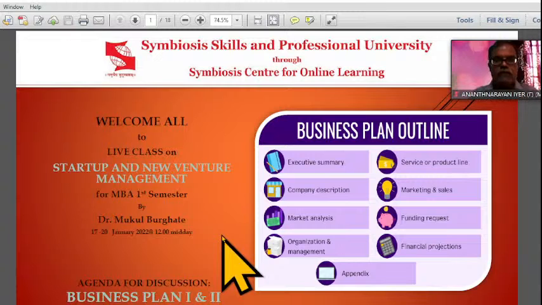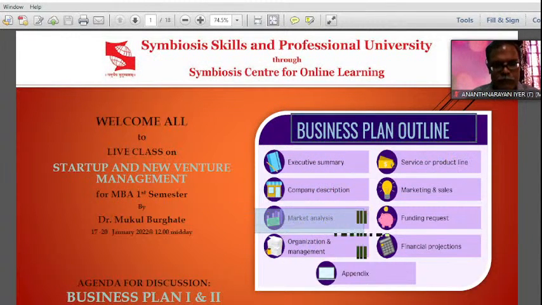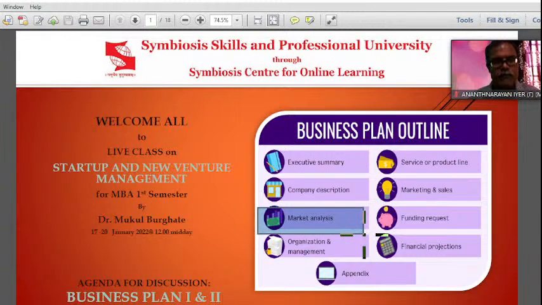In fact, we're going to continue with whatever we have left from the last session. This is what we started with, business plan outline. And in this, as I said, market analysis forms a very important component, because as a startup, to launch and start anything new, particularly I'm talking about business, you need to do a proper market analysis, and finding out the target market forms the important part.